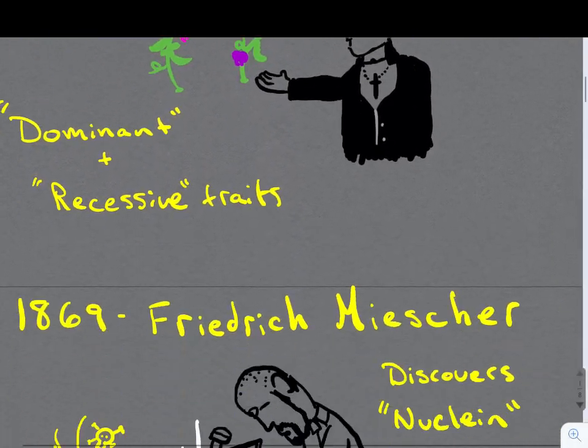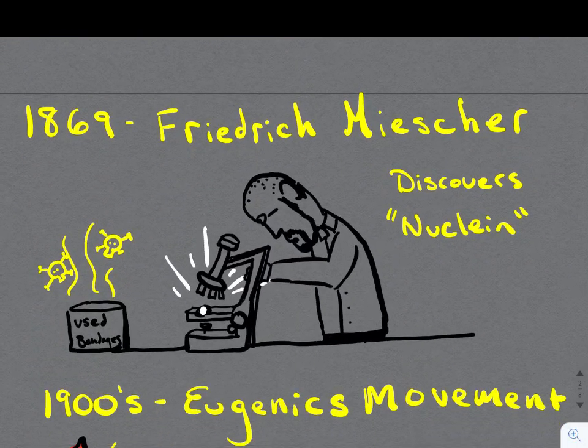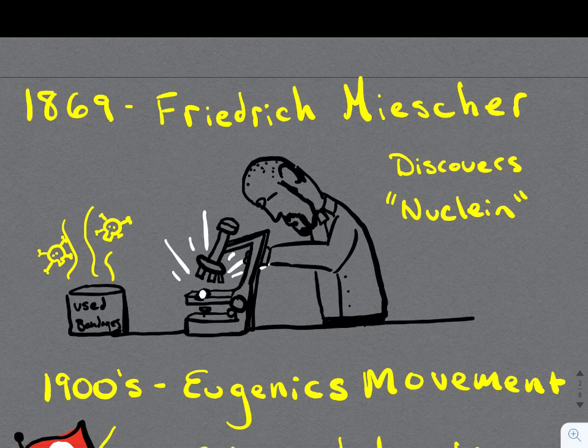After Mendel was a Swiss physiological chemist, and his name was Friedrich Miescher. And Miescher actually looked into the proteins and things inside of discarded bandages, which is pretty gross, actually.